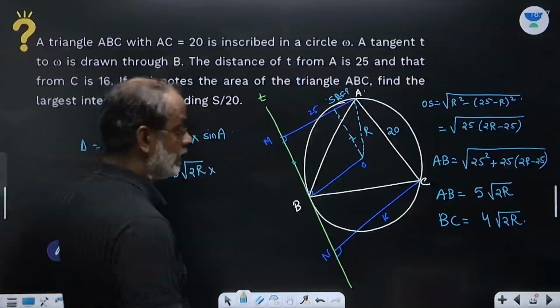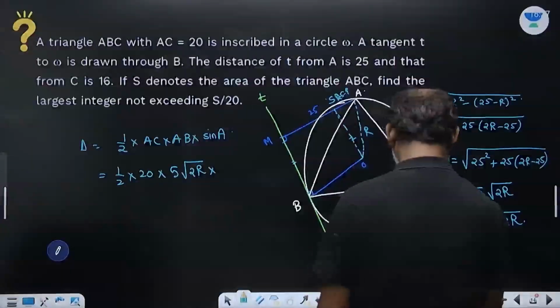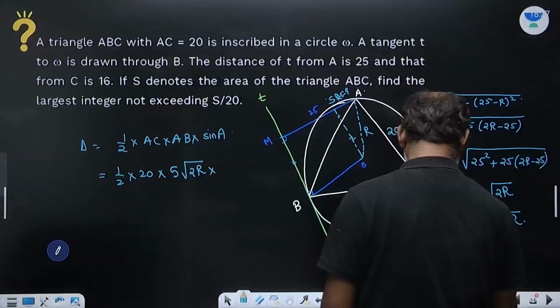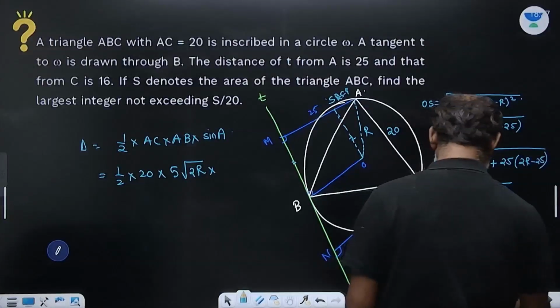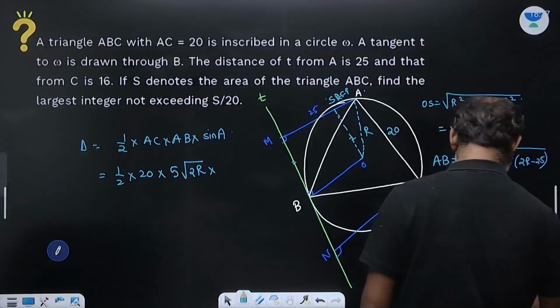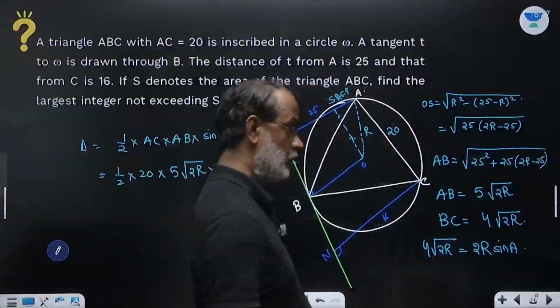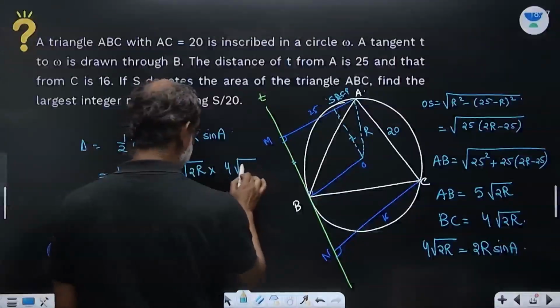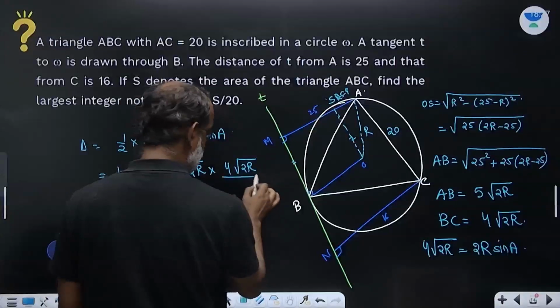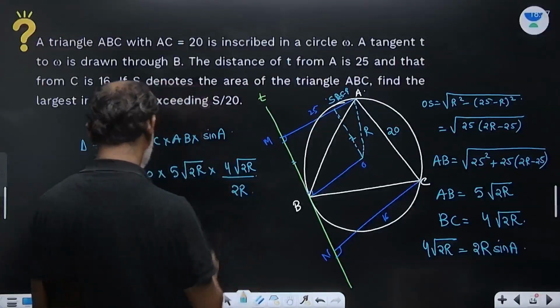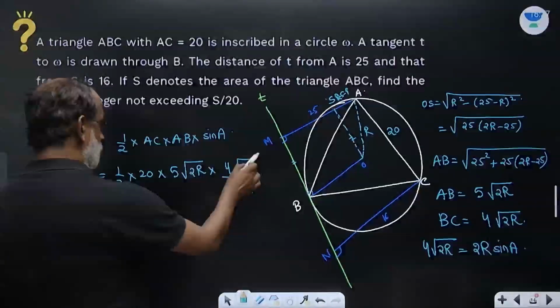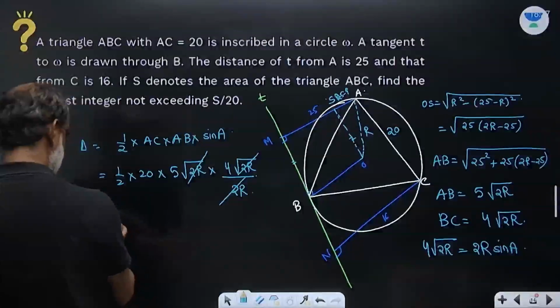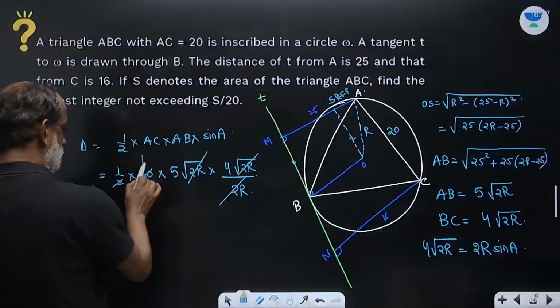And sine A. So, BC is 4 root 2R. This is 2R sine A. So, what is sine A? 4... so 2R, 2R, 2R. 2 is 10.